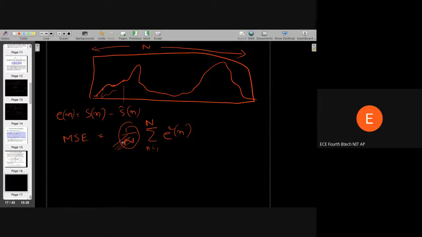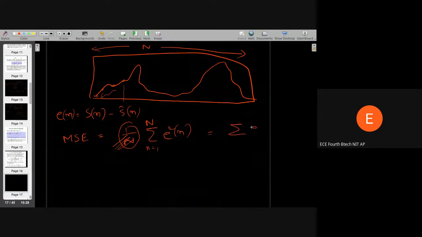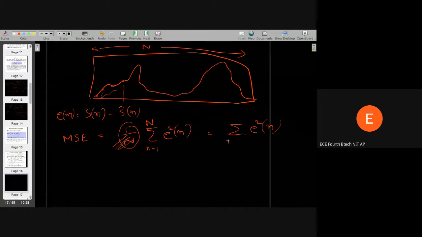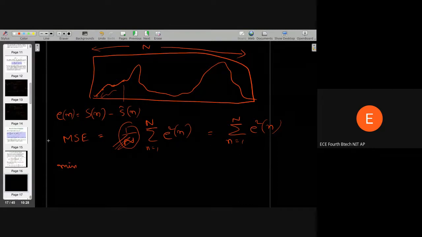You can remove it. So for each sample we measure the error e square n, and we want to minimize this mean square error. We denote it as E.